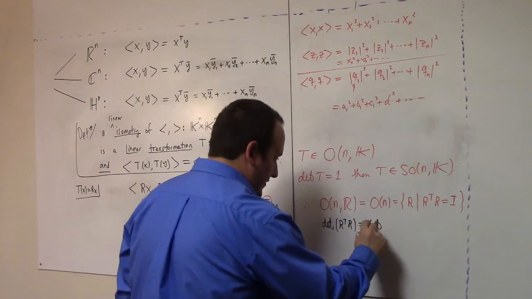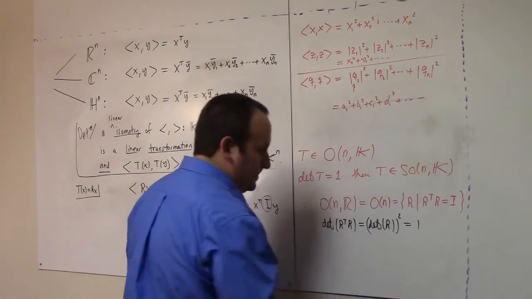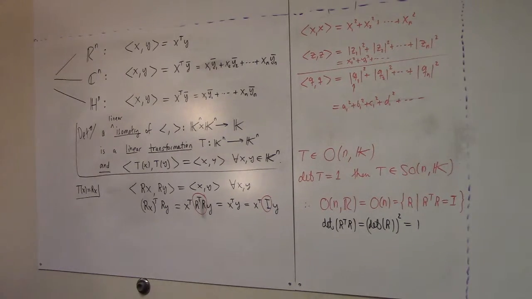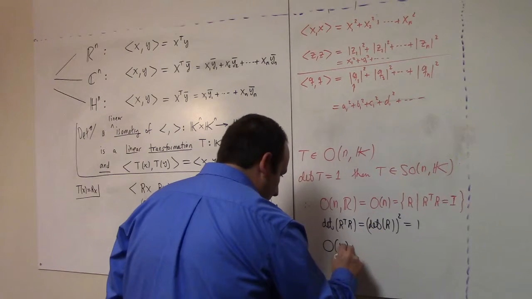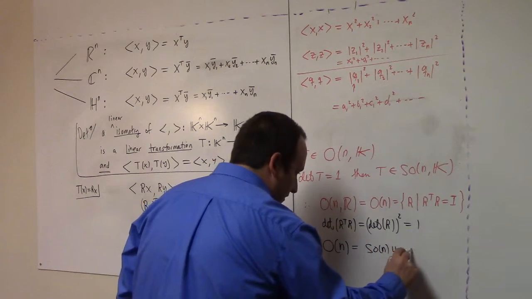Well, that's the determinant of R quantity squared, by properties of the determinant. But in terms of real solutions, you got plus or minus 1 there. So you either have rotations or reflections. In fact, you can prove that O(n) is SO(n) union with what you might call minus SO(n).